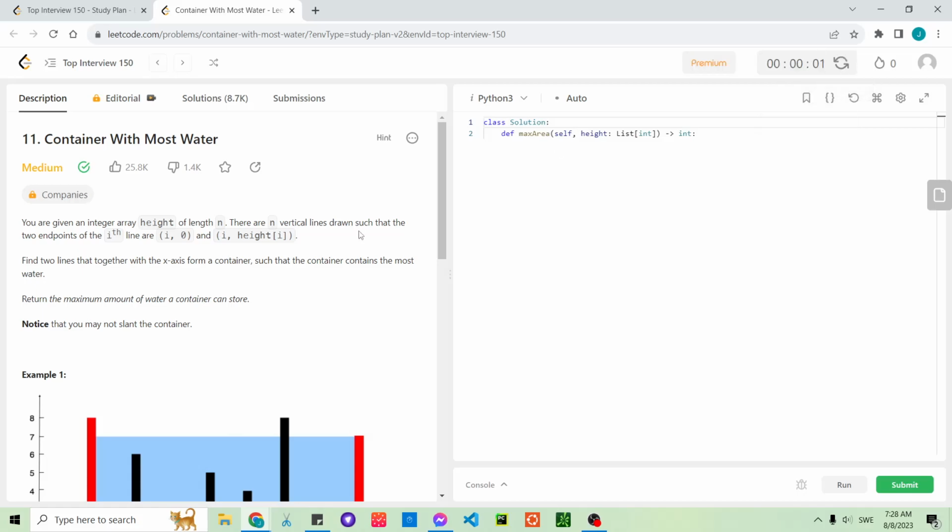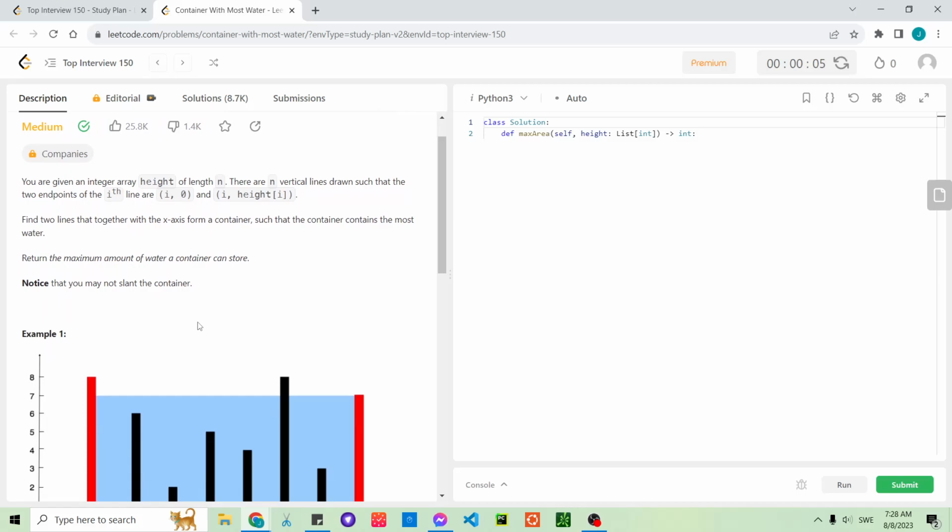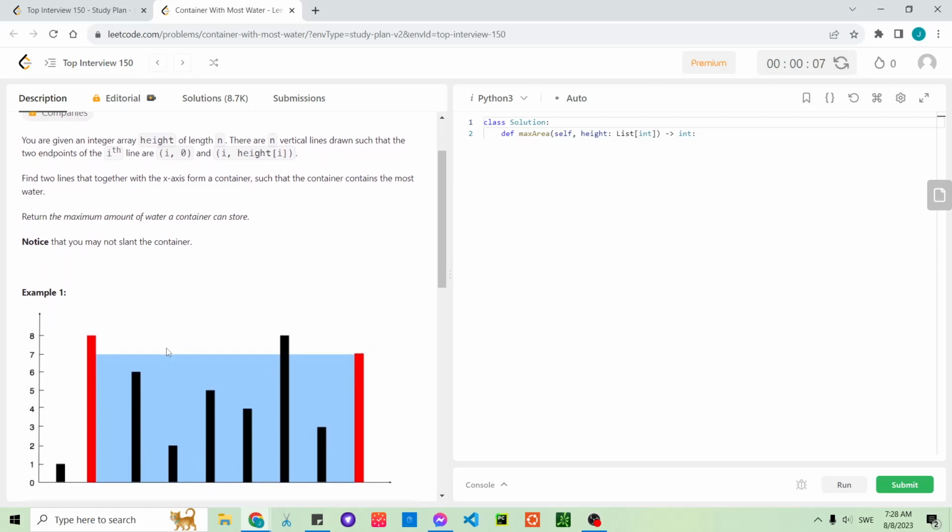Start the timer. Okay, an integer array height of length n, with n vertical lines. Find two lines that form a container such that it contains the most water.